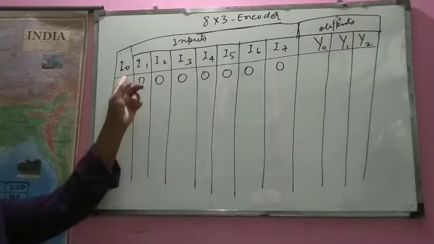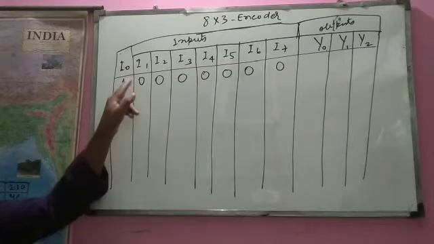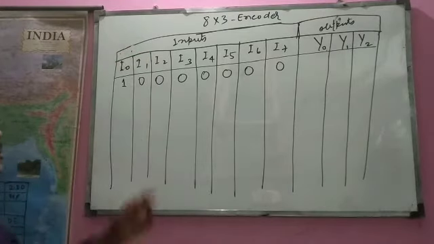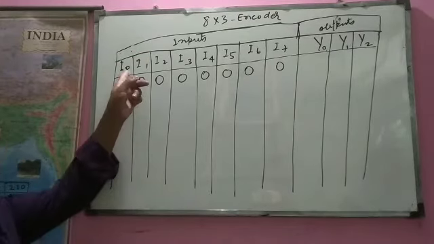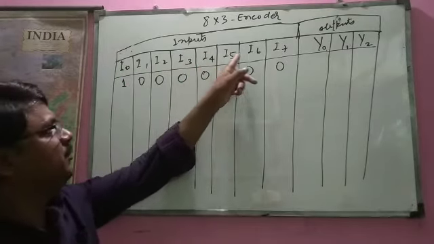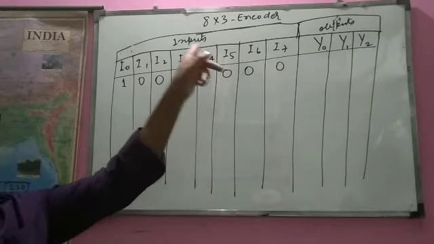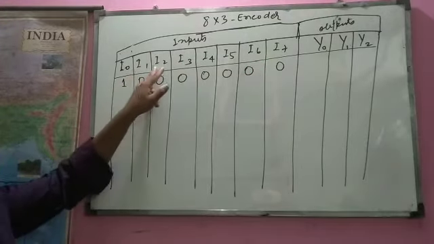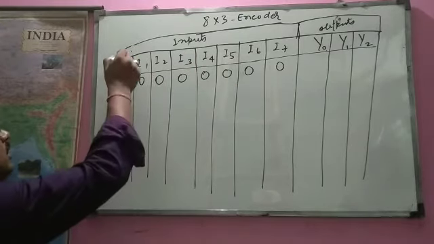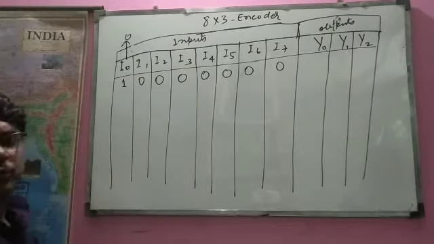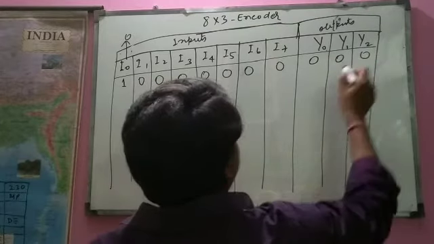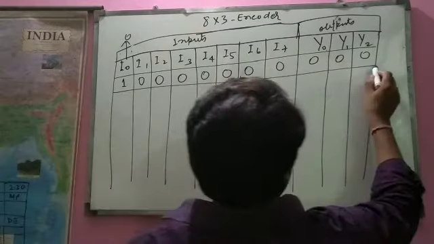Corresponding to this value I0, it represents number 0, then 1, 2, 3, 4, 5, 6, 7. There are 8 octal numbers that are represented by I0 up to I7. So this I0 represents octal number 0. What is the binary equivalent of 0? That is 0, 0 and 0.